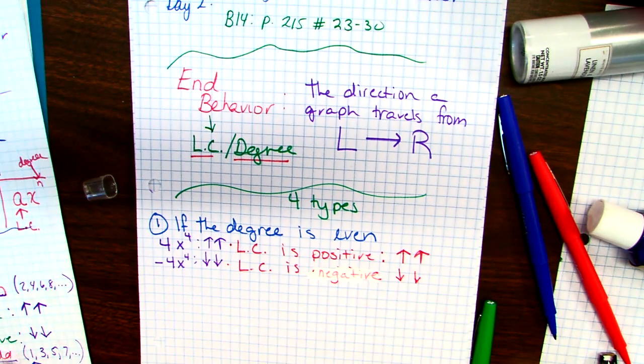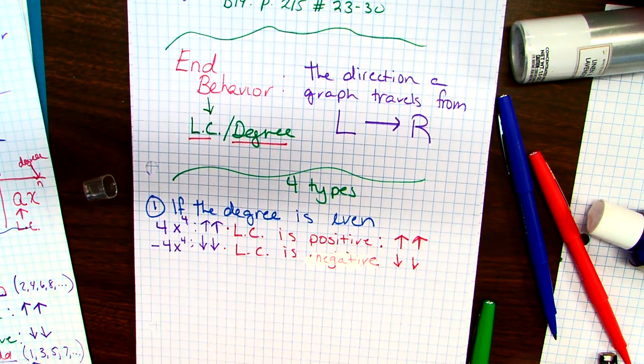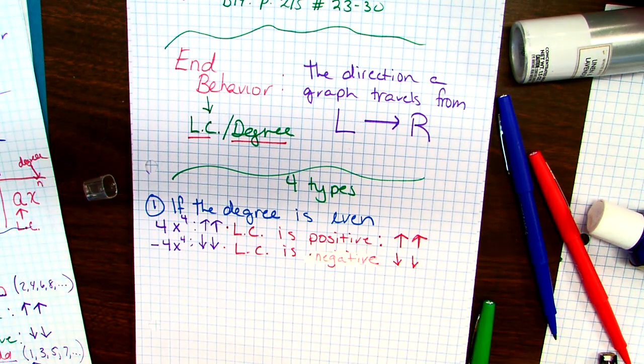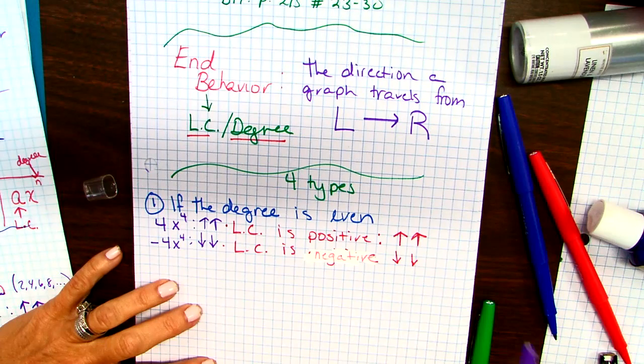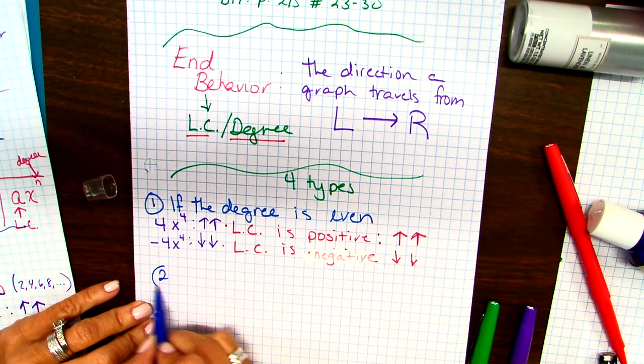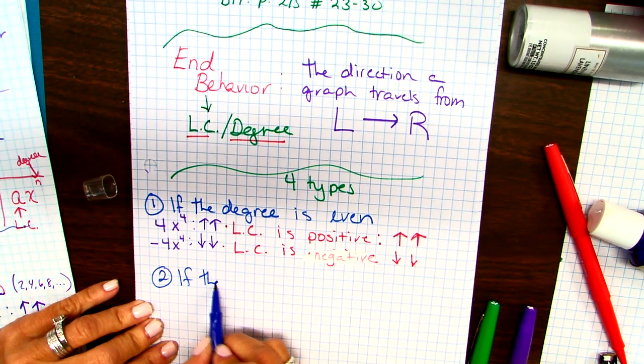So there's half of end behavior right there. And we just graphed a whole chapter of even degree polynomials called quadratics, right? X to the second. Remember, if it was positive, it opened up, and if it was negative, it opened down, right? And then the other possibility is if the degree is odd.